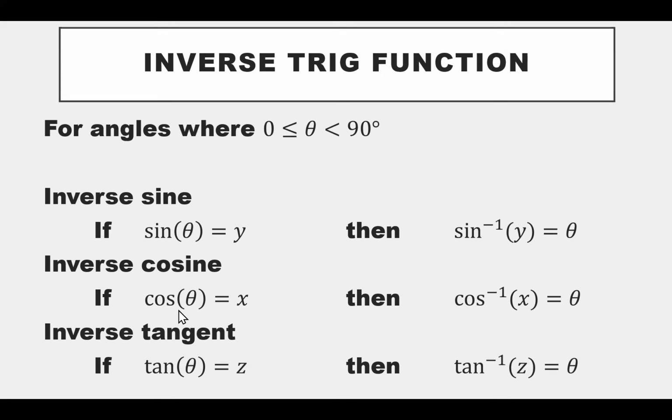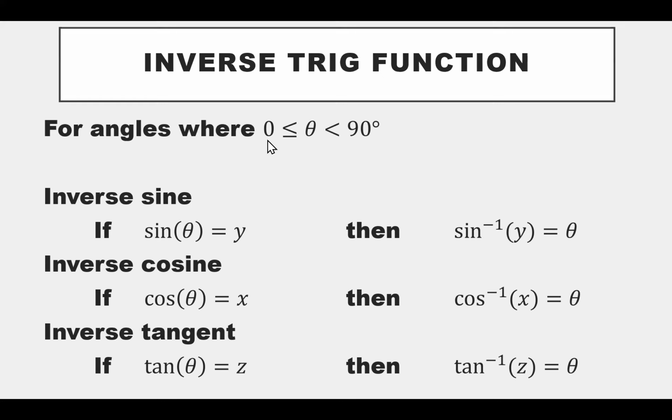For cosine, it works exactly the same. If cosine of an angle is equal to the number x, then the inverse cosine of x will be that angle. And if the tangent of an angle is equal to a number, we'll call it z, then the inverse tangent of z will be the angle.